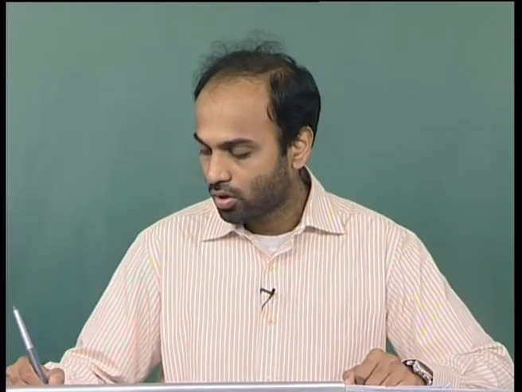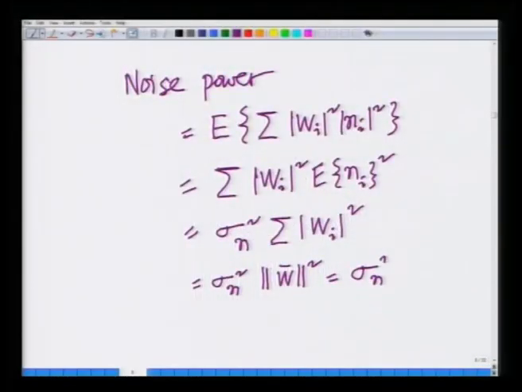So, this is simply sigma n square times norm W bar square, and norm W bar square is nothing but W bar Hermitian W bar. So, this is simply sigma n square W bar Hermitian W bar. This is the main result that we want.